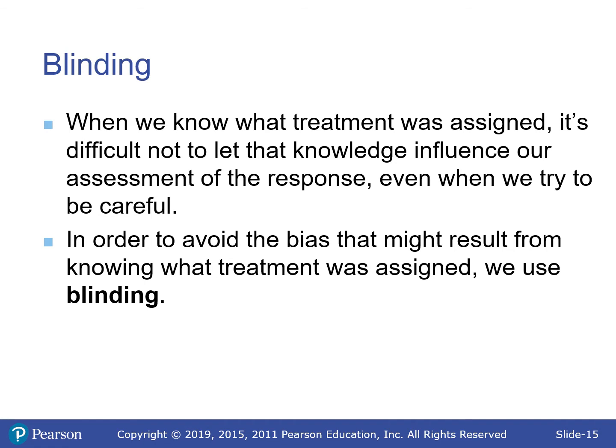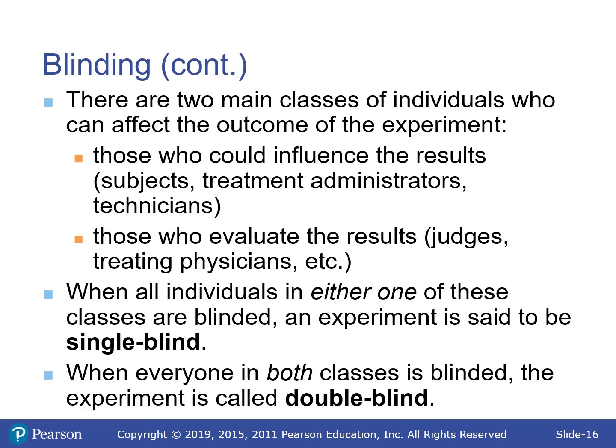If you're a tomato plant, it probably doesn't matter so much. And so that's what blinding is. They don't know what group they are in. And so that could be a group that includes the subjects or the treatment administrators, technicians, things like that. Or it could be the people doing the judging and the calculating and stuff.